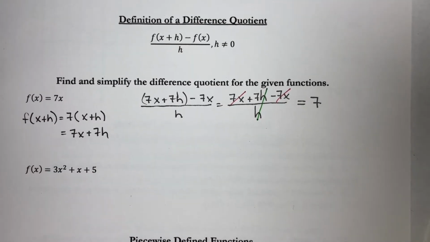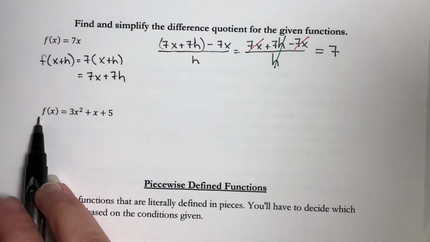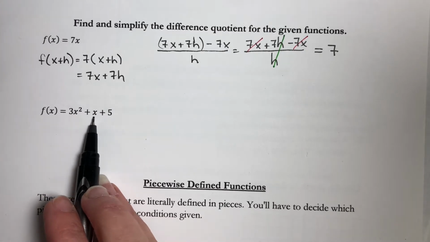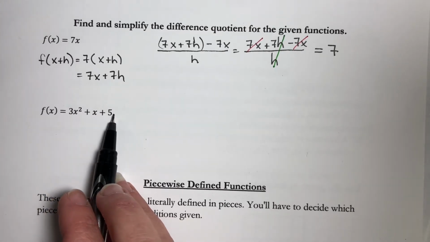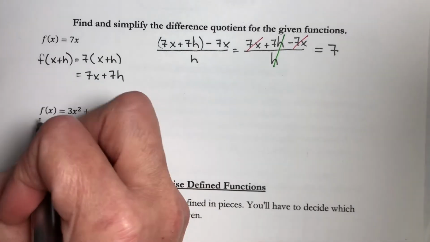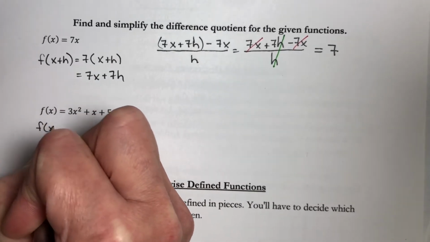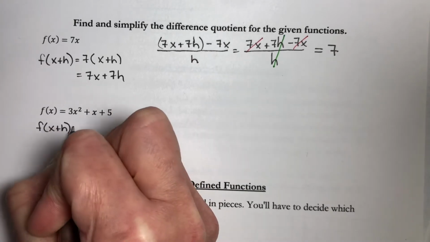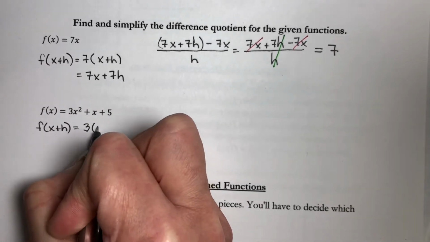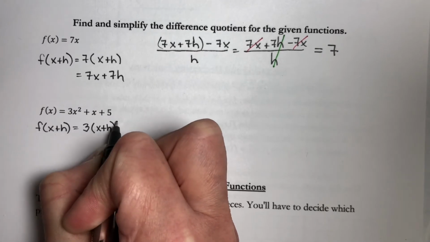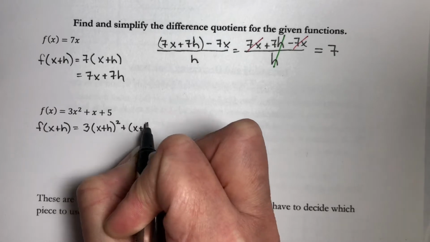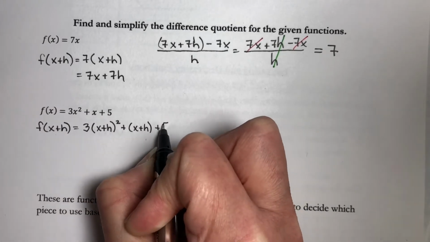Okay, now let's try this for f of x is equal to 3x squared plus x plus 5. The first thing we have to do is to calculate f of x plus h. And this will equal 3 times x plus h squared, plus x plus h, plus 5.